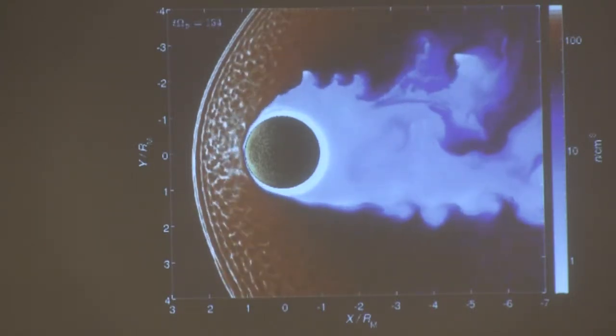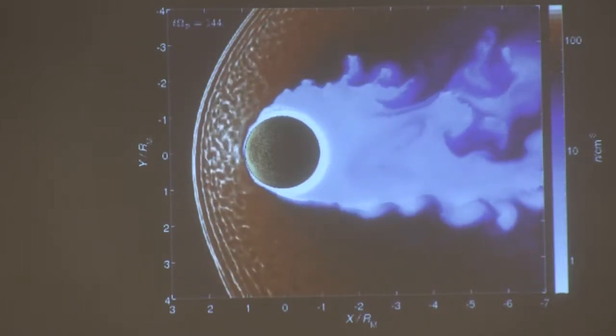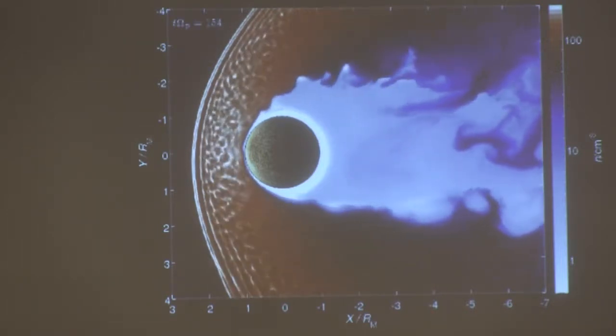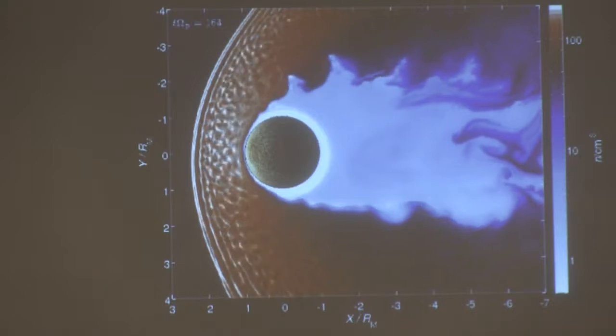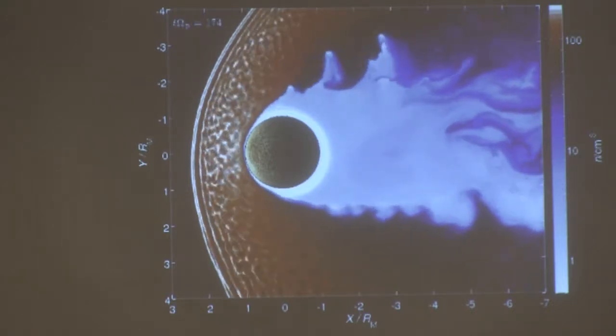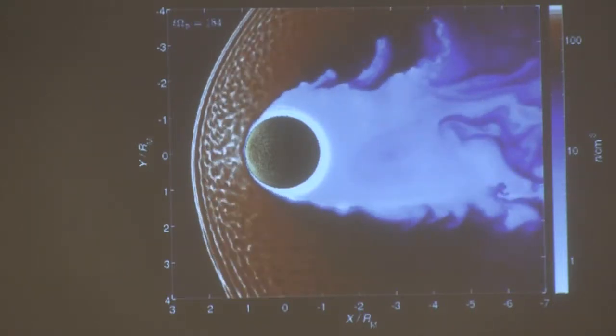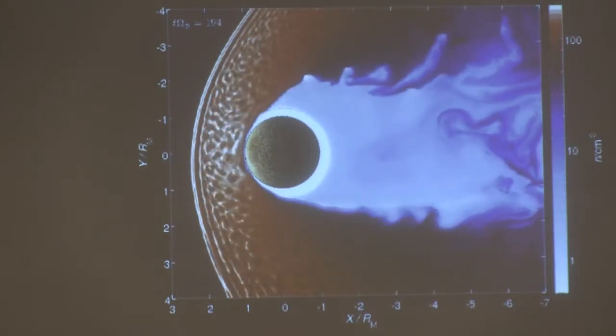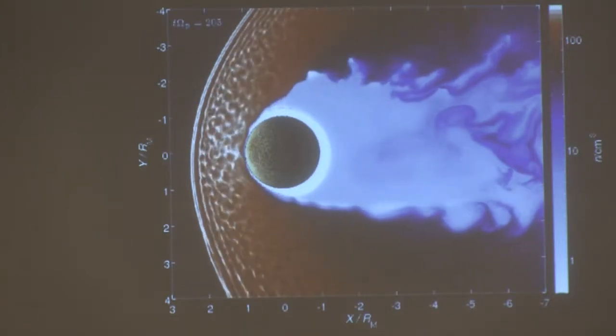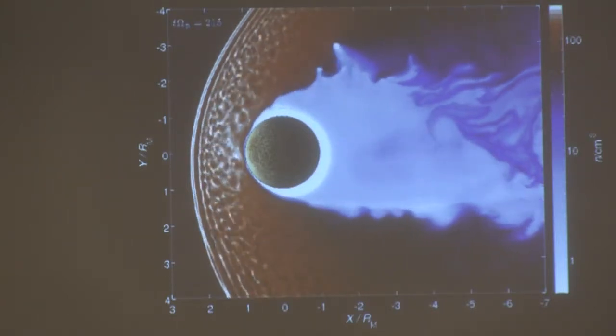So the electrons have no mass. That means they are infinitely mobile. There's no parallel electric field from charge separation, and that's the disadvantage of the code. But at the same time, you can afford to do this huge global simulation.